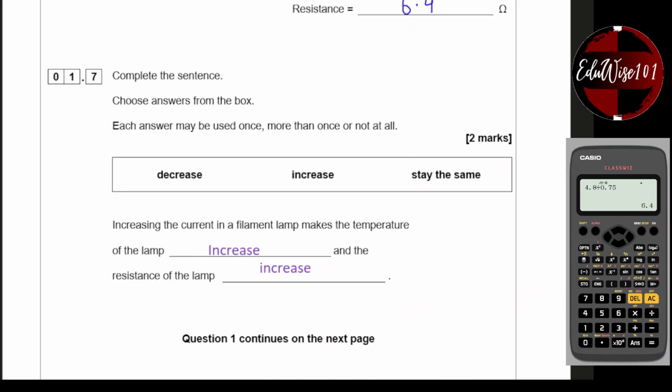Now, the reason for that is when there's more current, that increases the resistance because there's more electrons flowing through, and when the resistance increases, the lamp also gets hot.